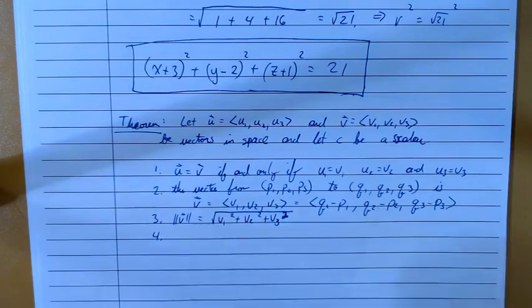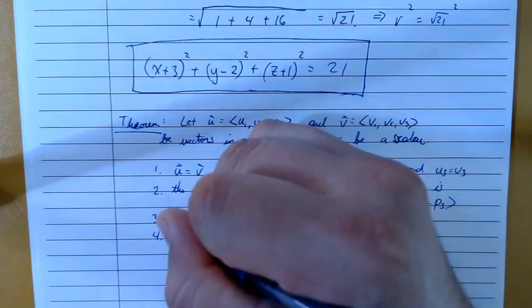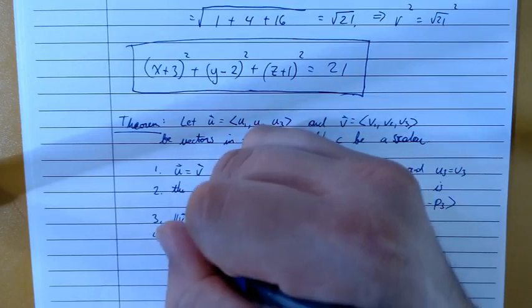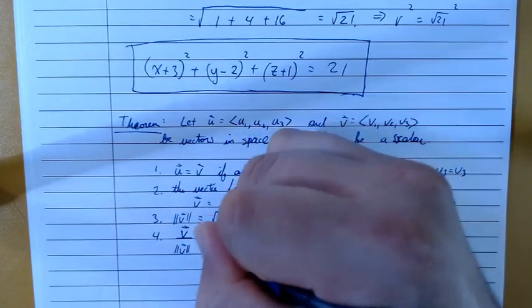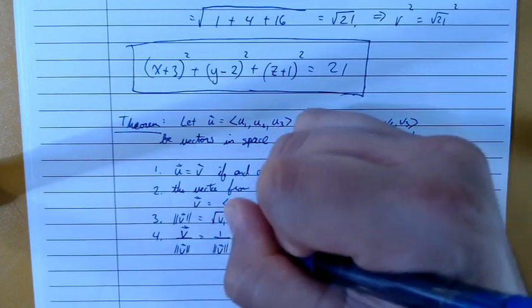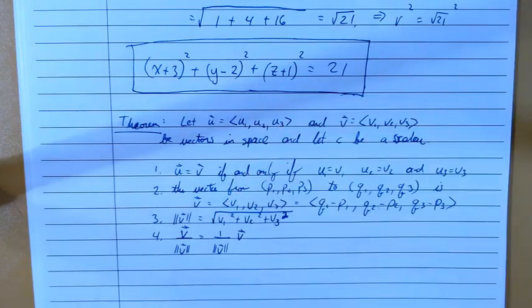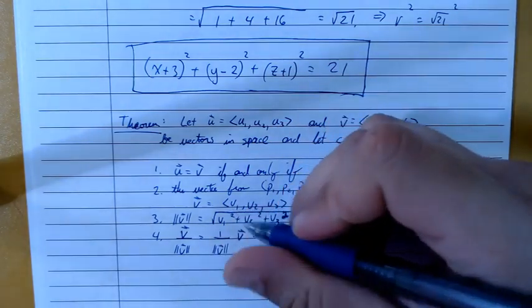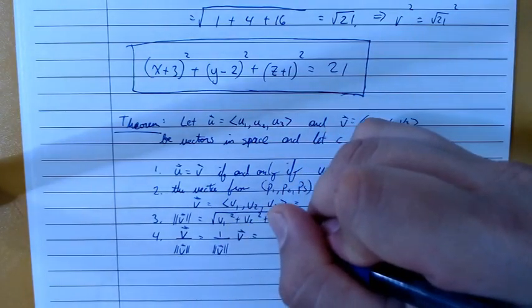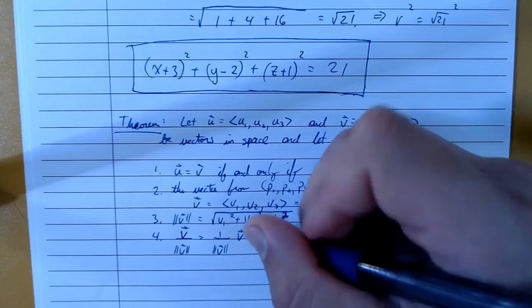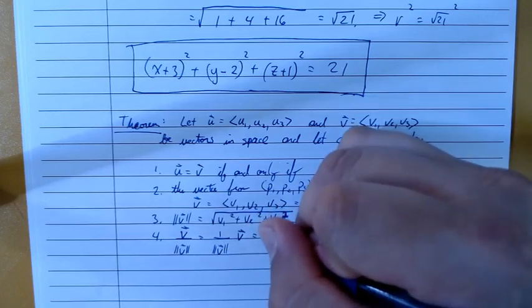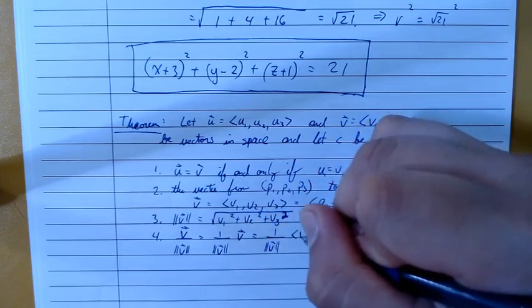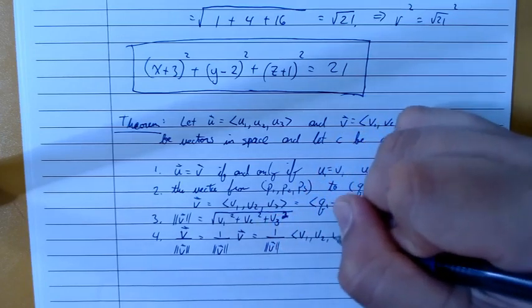Number 4, if you take the vector v and you divide it by its magnitude, which is really the same as taking the reciprocal of its magnitude and using that as a scalar to multiply times v, that's equal to one over the magnitude of v times the components v1, v2, v3.